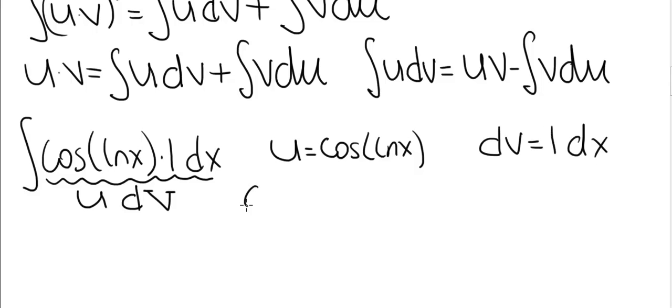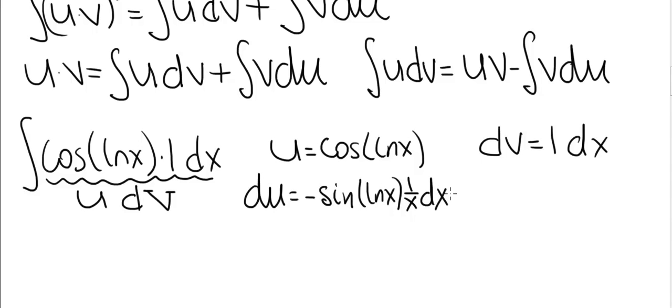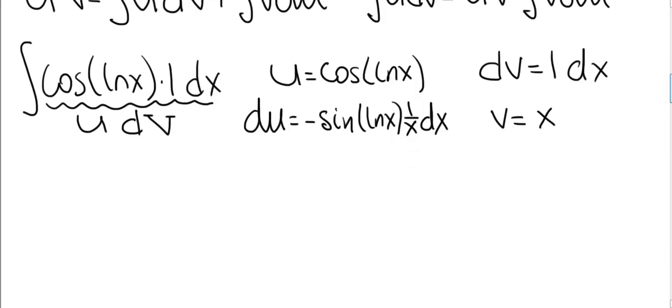And from here, du is equal to minus sine of ln of x times 1 over x dx, and v is x. We could take v to be x plus 2 or x minus 10, but adding or subtracting a constant will make it more difficult, so we'll just use x.